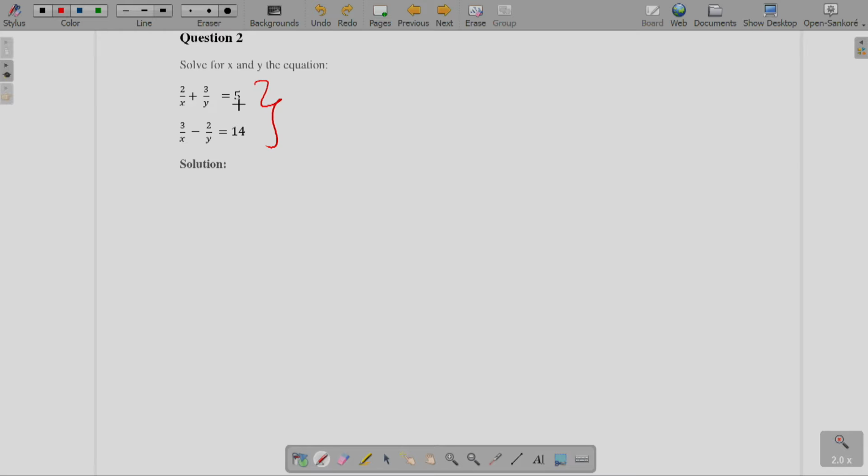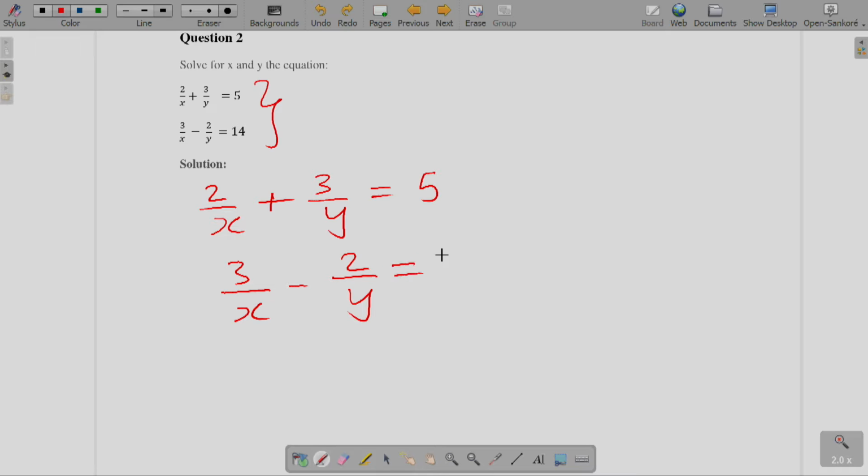So step number 1 is to write the two equations given, which are 2 over x plus 3 over y equal to 5, also 3 over x minus 2 over y equal to 14. So we need to eliminate the variable x. So the first step is to write the equations given.